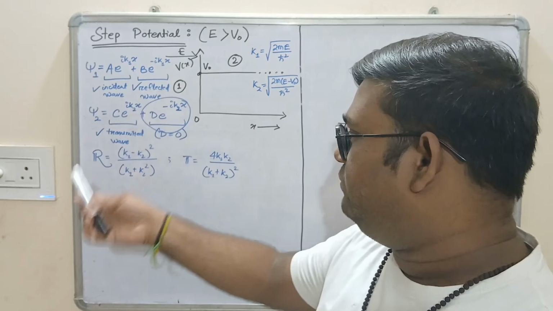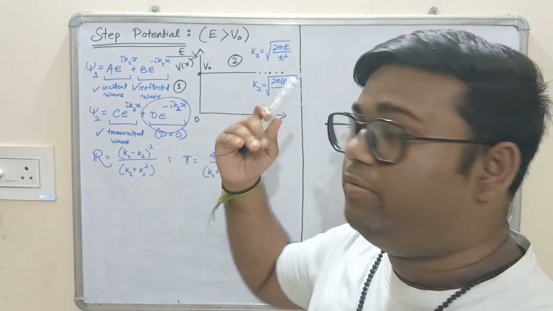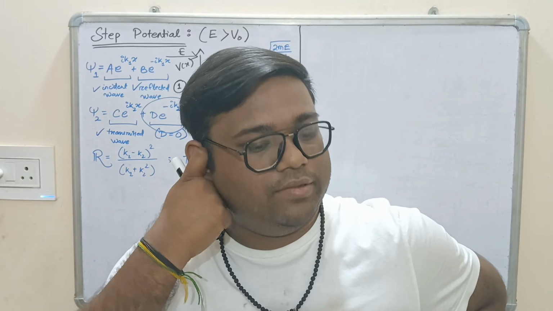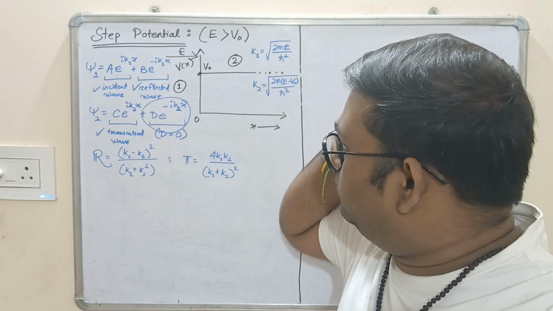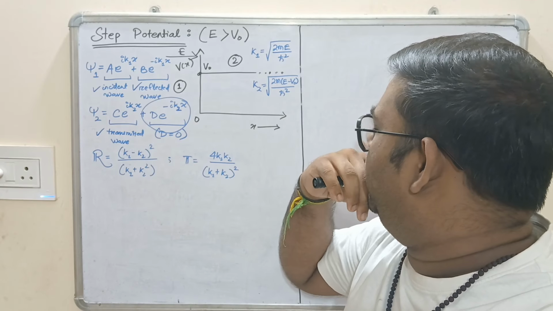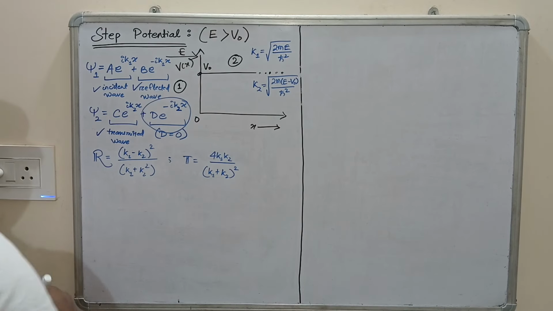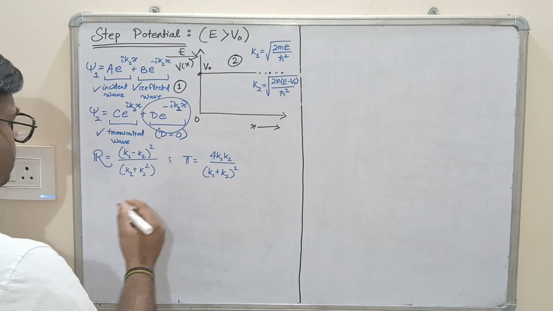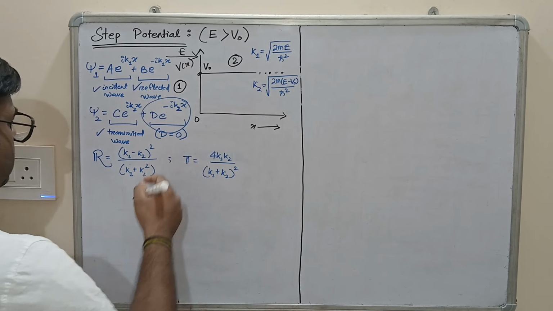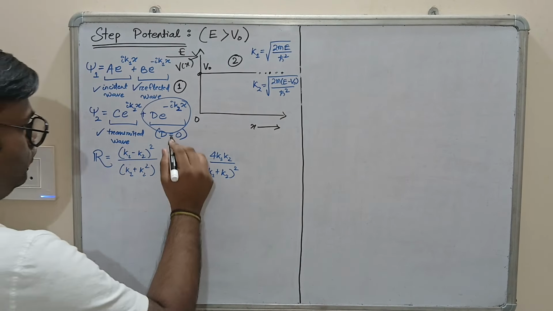Okay, so in the last video we did this. I hope you remember. This is what we did basically. And more than that, we did more than this. We also discussed this is the coefficient of reflection, this is the coefficient of transmission.